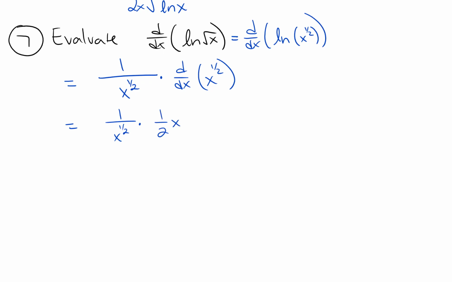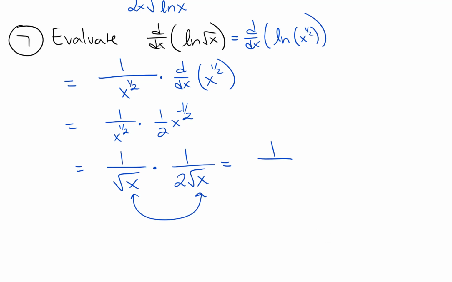I use my power rule here, and I've got lots of algebra I can simplify. Maybe you're like me and want to rewrite everything as a square root. If I make all of those powers positive, moving them down into denominators, I can multiply square root of x times the square root of x. Well, that just means that I have a single x there, and this is my final answer.